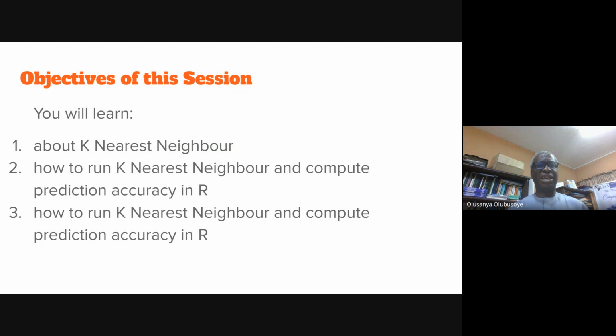But other than that, that's the only reason why I'm using this slide. But you can also use the rest of the slides to learn how to run the K nearest neighbor and compute prediction accuracy. There was an error there, so there are only two items there, 1 and 2. This third one is a repetition of the second one.